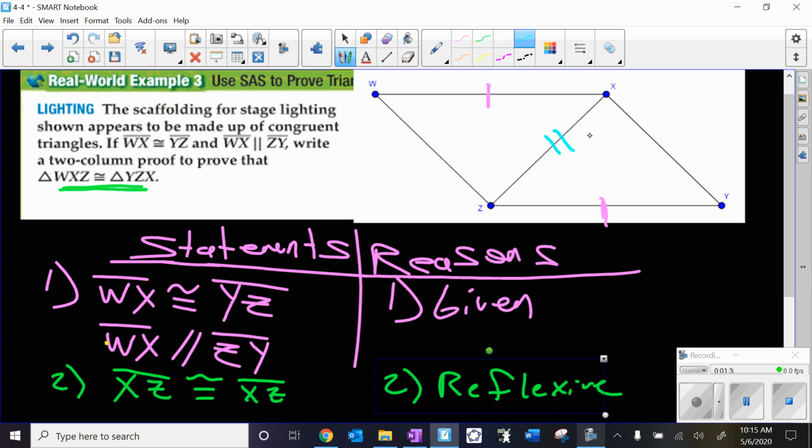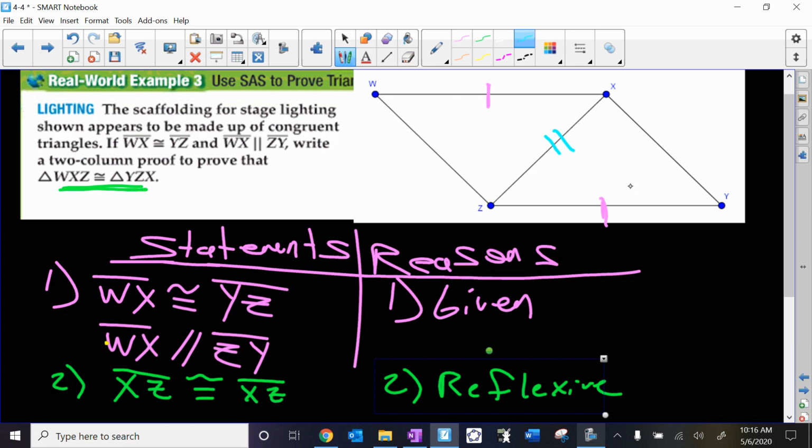Next, the angles that we want then are going to be between those two side lengths. So if I'm focused on this triangle on the right, the angle that I'm after is this one. And up on the triangle on the left, the angle that should be congruent to it would be this one, because it's located between the two side lengths that we already have being congruent.